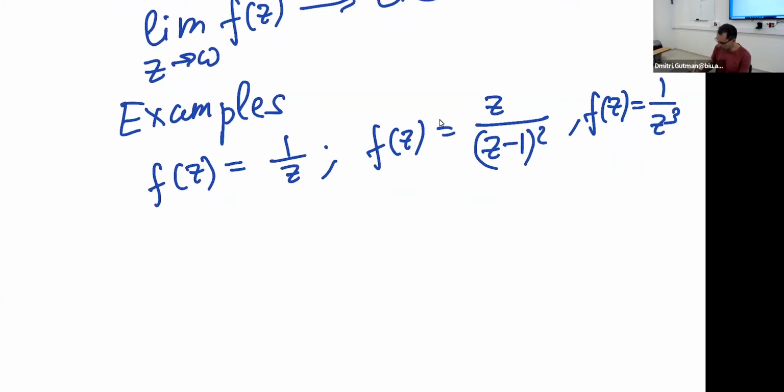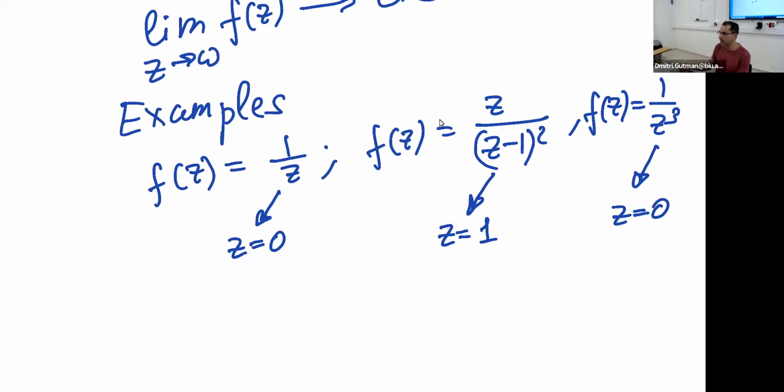For the first, z equals 0 is a point of pole. In the second, z equals 1 is a point of pole. In the third, z equals 0 is a point of pole, and so on. You can easily invent as many functions with pole-like singularities.